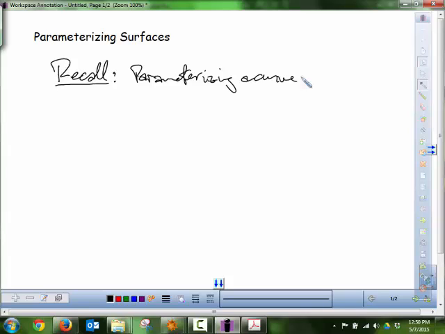what we're essentially doing is creating a function that takes in a scalar as an input. That's your parameter t. We often called it r, where r takes in a real number, your parameter, and sends you to either R2 or R3, and that draws out a curve in 2 dimensions or 3 dimensions.